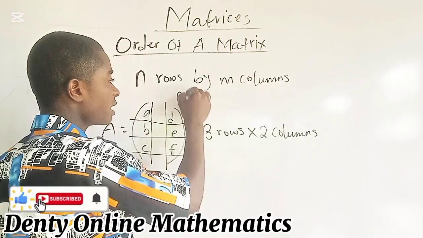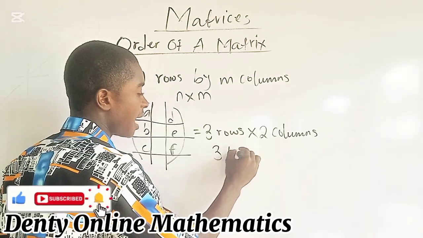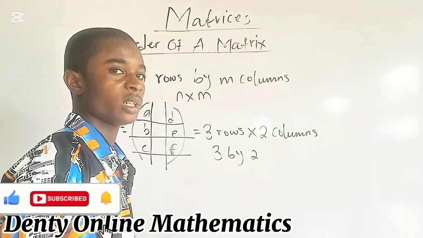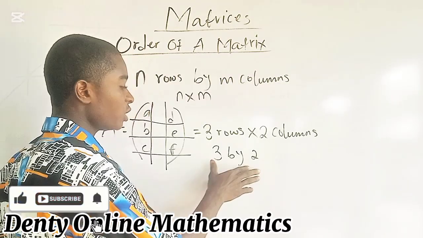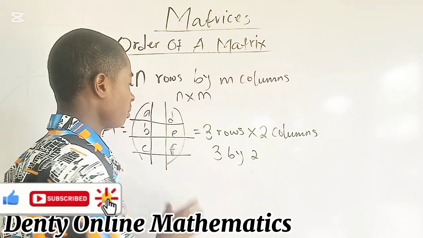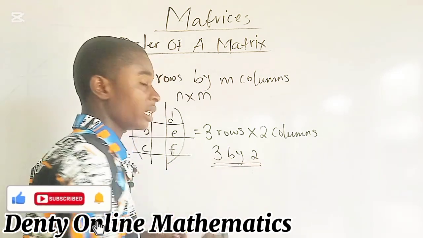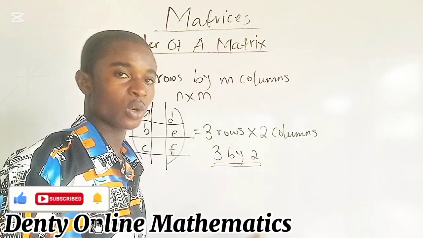So this is the same thing as 3 by 2. You get? This is 3 by 2. So the order of which this matrix is being arranged is called 3 by 2. In other words, we can say 3 rows by 2 columns.